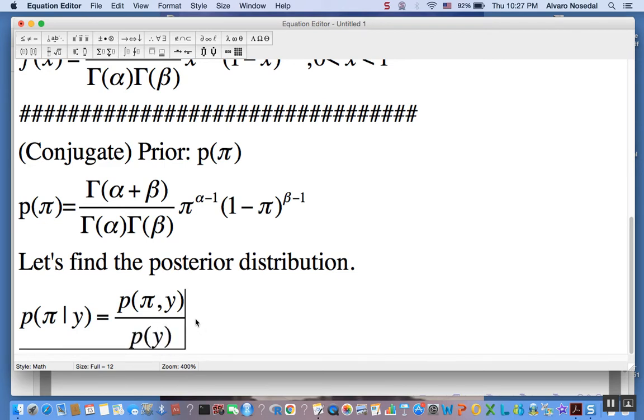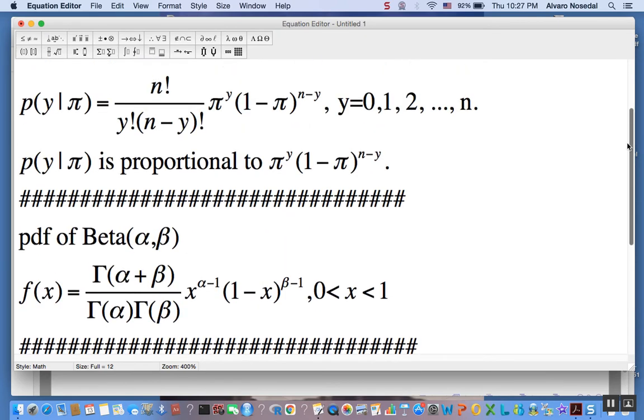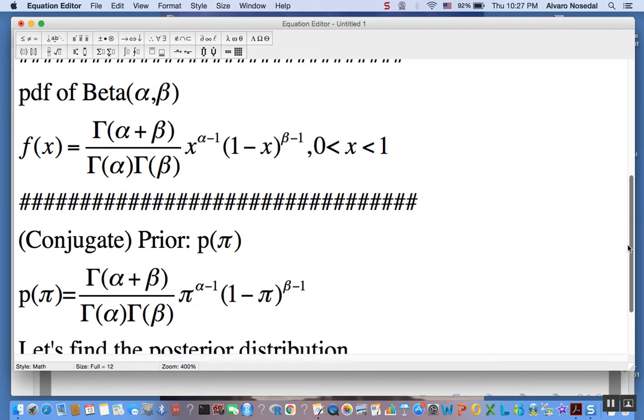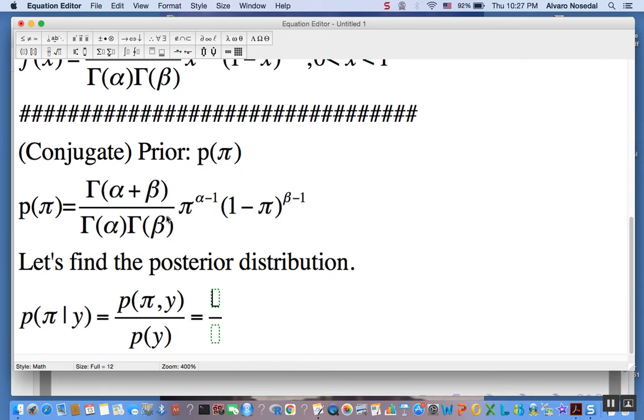The numerator, that joint, we can rewrite in terms of the main ingredients in Bayesian statistics: the product of our likelihood and our prior. So prior times likelihood.